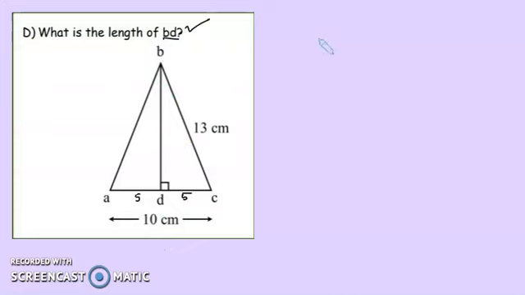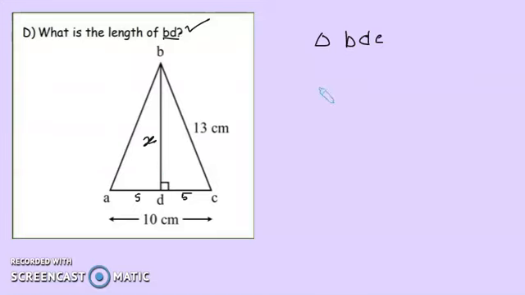So let us consider triangle BDC. So BDC is a right angle triangle, as you can see. So we can apply Pythagorean theorem. We are required to find the length of BD, which we assume to be x.